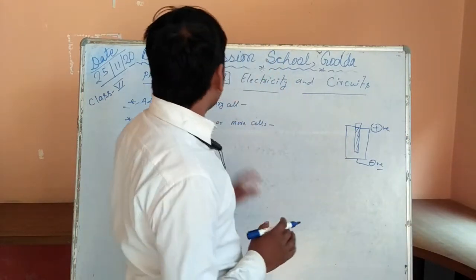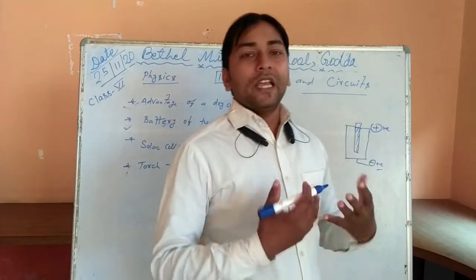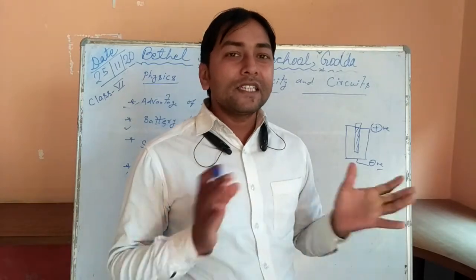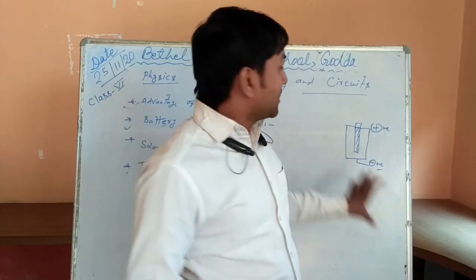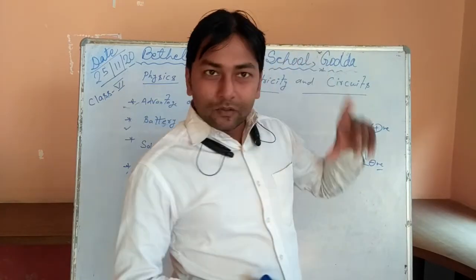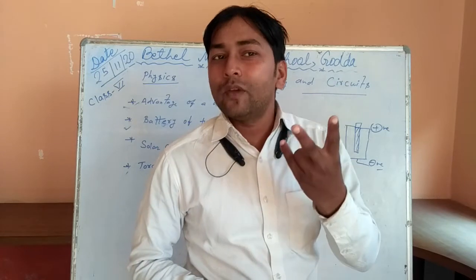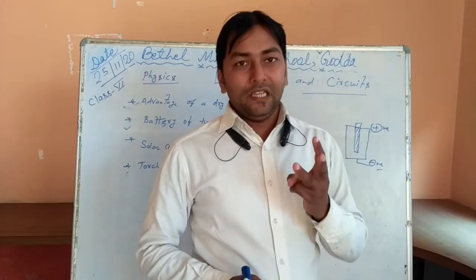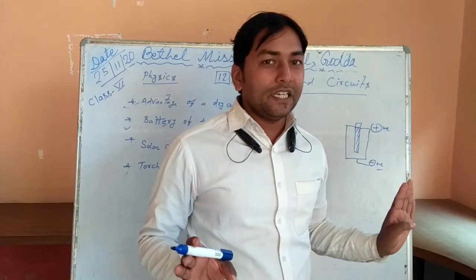Now here are the advantages of a dry cell. What is the advantage of a dry cell? It is very easy to carry here and there because it is lightweight and small in size. First, it is small in size; second, it is light in weight; third, it is easy to carry; and fourth, there is no fear of leakage.